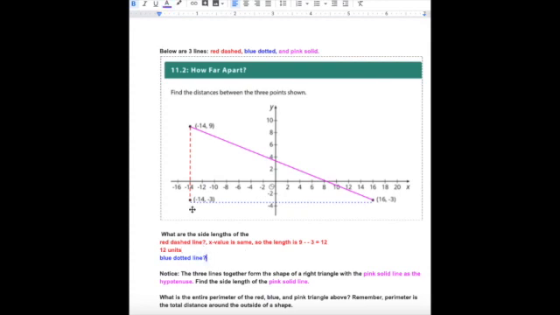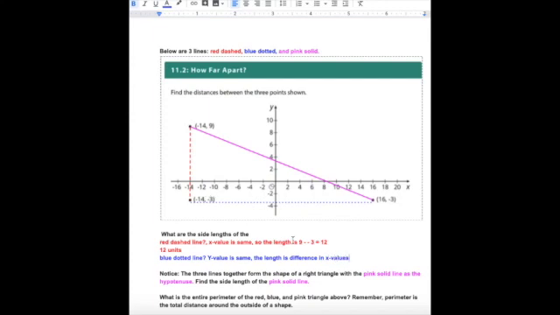My blue dotted line, down the bottom, notice my y values are the same. I have a negative 3 for both my y values, my second values. So since my y value is the same, the length is the difference in x values.